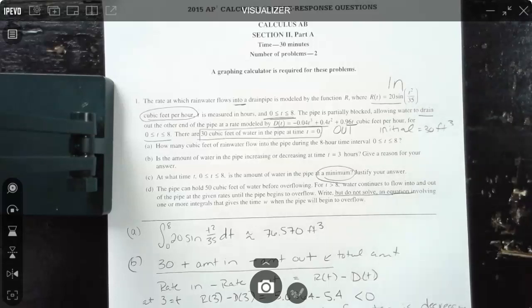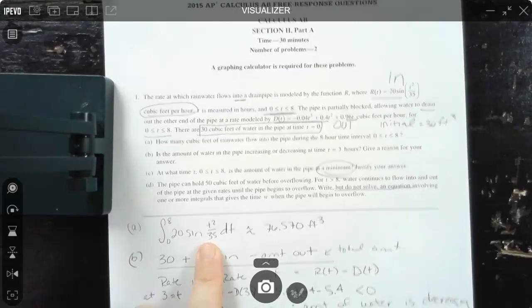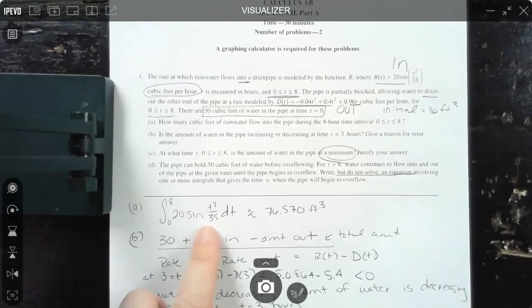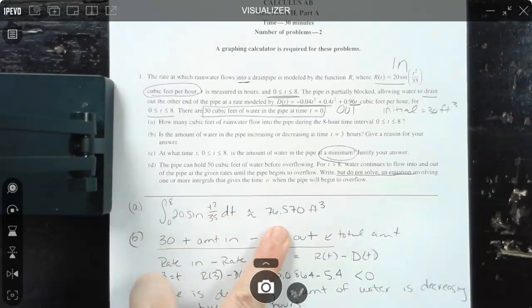So this one was 2 points, actually. You got 1 point for the integrand, and you got 1 point for the answer. And you could have actually just put R of t here. You didn't have to write out that whole equation. So if you did the integral from 0 to 8 of R of t dt, you put 8 in what? Plug it in what?